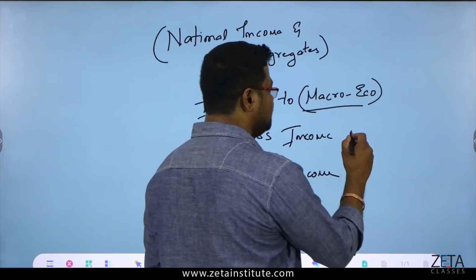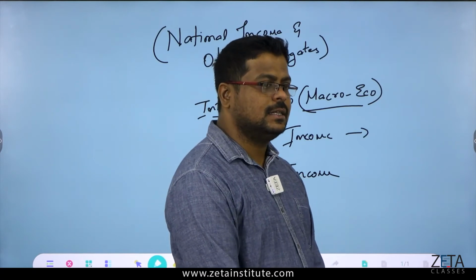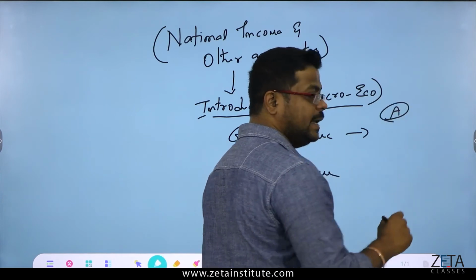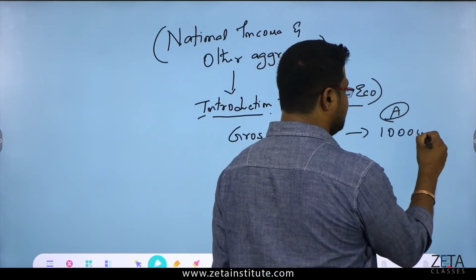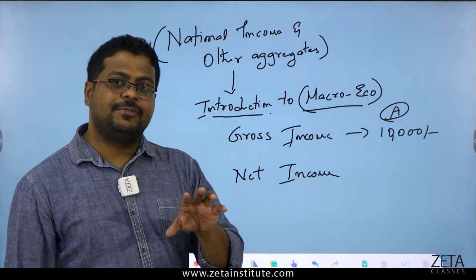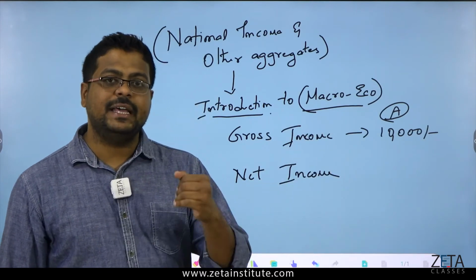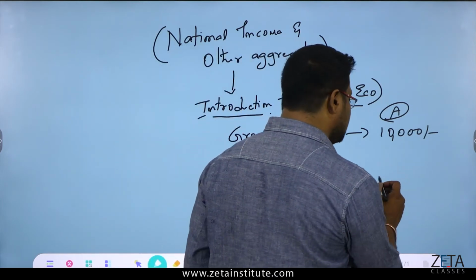For example, let us consider that person A's salary is 10,000 rupees per month. I am just giving an example. If it is 10,000 rupees which the company has fixed for that employee, does he get all the 10,000 in hand?